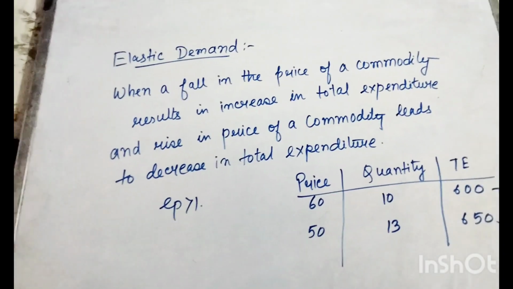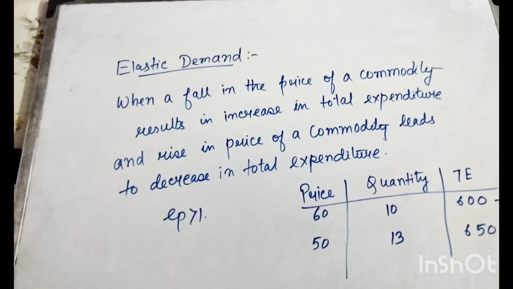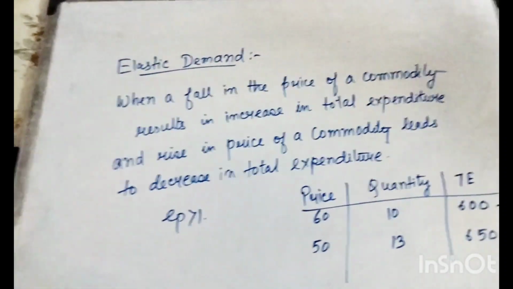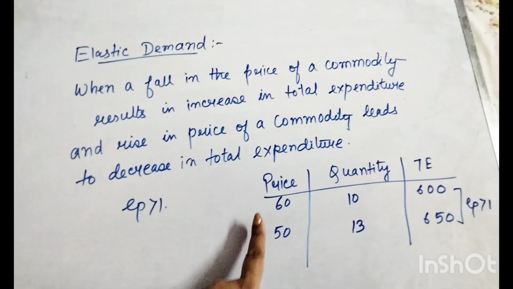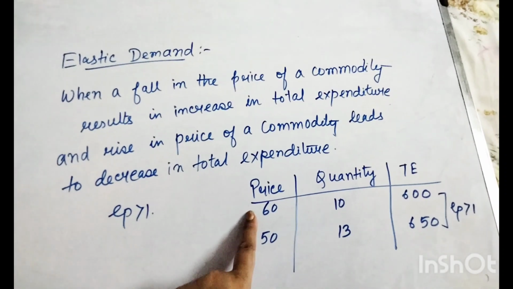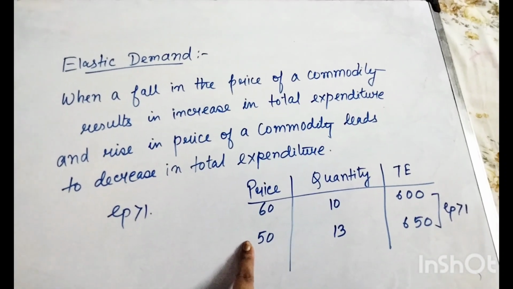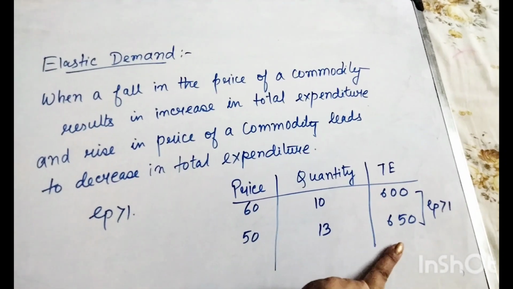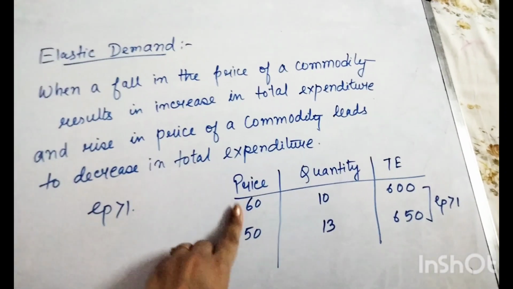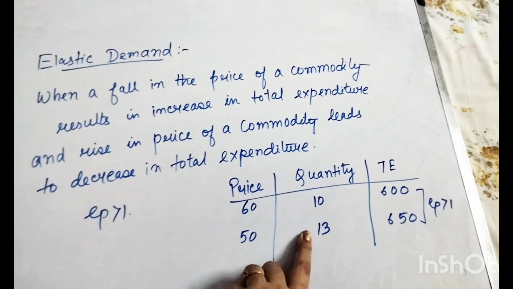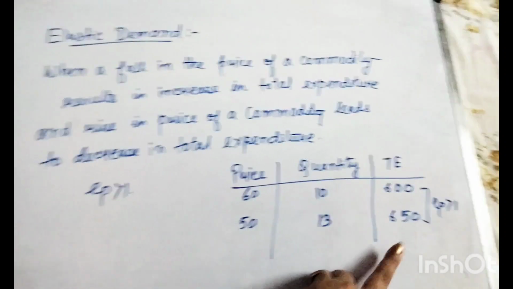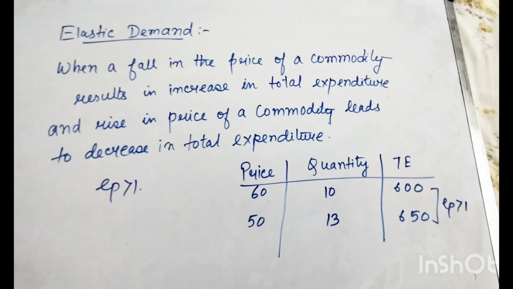First we are going to discuss elastic demand. What is elastic demand? First you see this table. When there is a fall in the price, your total expenditure is increasing. Fall in the price means your quantity demanded will increase. And how are you measuring this total expenditure?